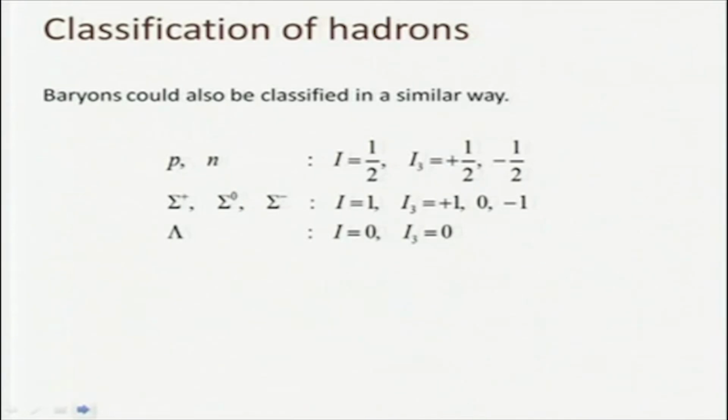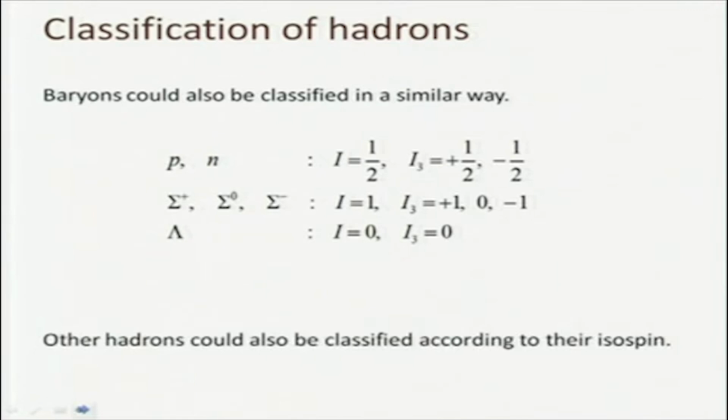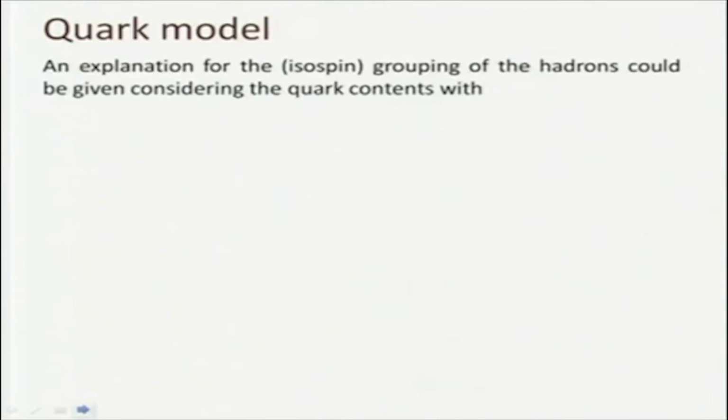And for lambda, there was nothing to club it with of the same mass. So, this is a particle with isospin equal to 0, standing on its own in a group of a single particle.